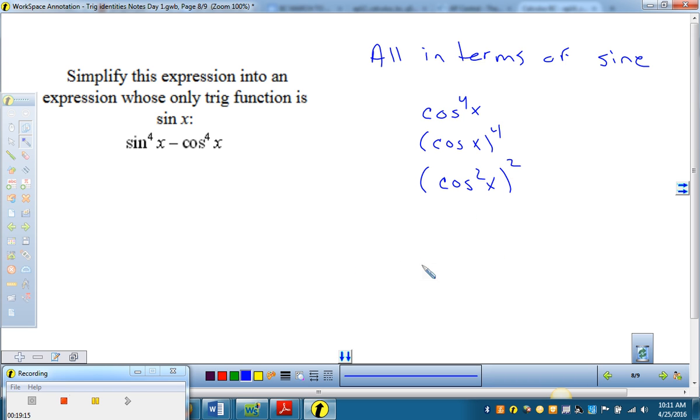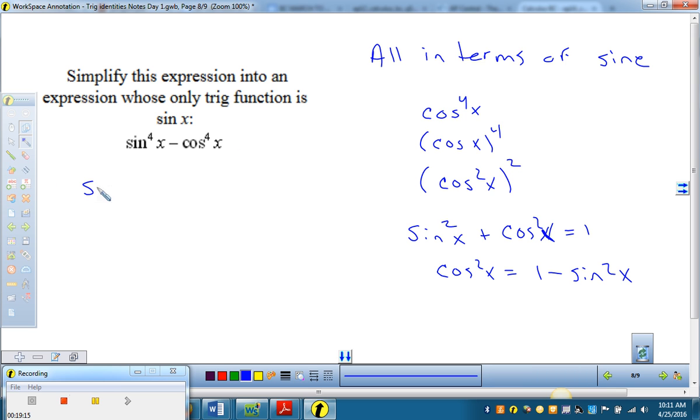And what can I replace cosine squared with? 1 minus sine squared x, because we could bring in secant, but they told us we have to have sine. So cosine squared would be 1 minus sine squared.